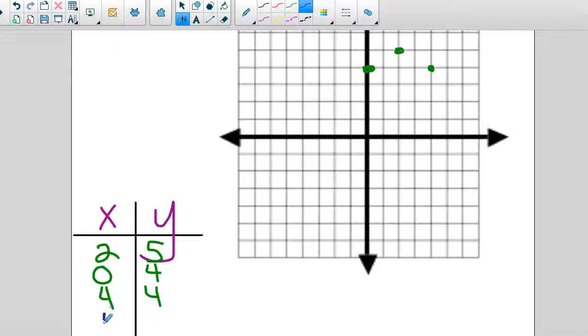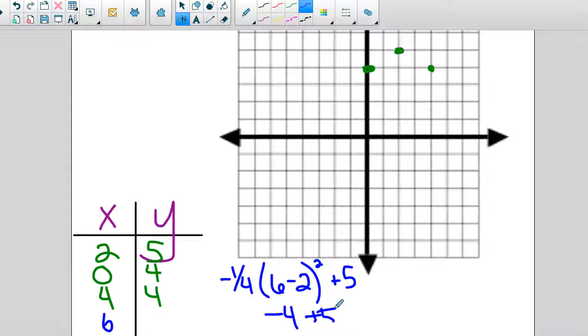Because if I try 6, I get negative 1/4 times 6 minus 2 squared plus 5. That's easier because 6 minus 2 is 4, 4 squared is 16, and that multiplies by negative 1/4 evenly. You can pick whatever you want, it just has to do with fractions. But if I did 6, negative 1/4 times 16 is negative 4 plus 5, so that's just going to be 1.